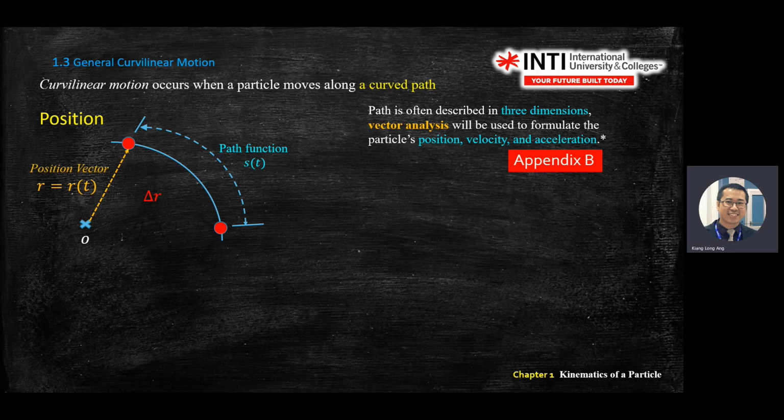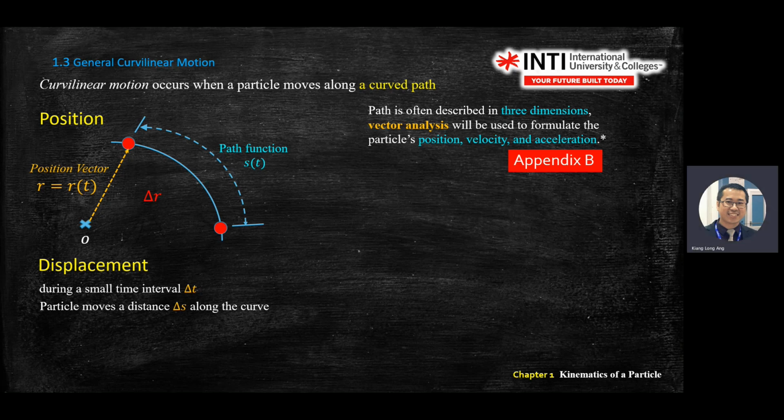So we have the first quantity for curvilinear motion: the position vector r. r is your position, and it is in vector form. Vector means it has magnitude and direction. Displacement is what happens between the times.